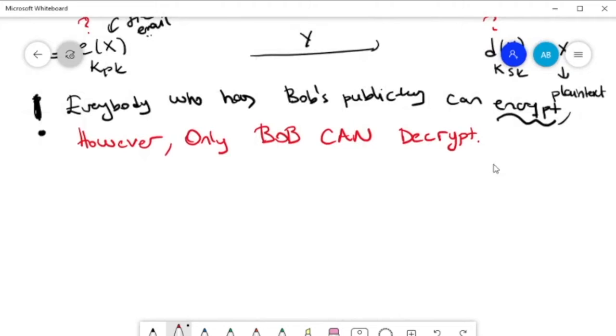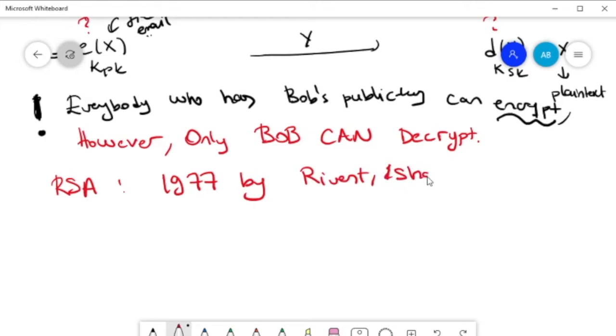After seeing the general structure of asymmetric key crypto, RSA was designed in 1977 by Rivest, Shamir, and Adleman.